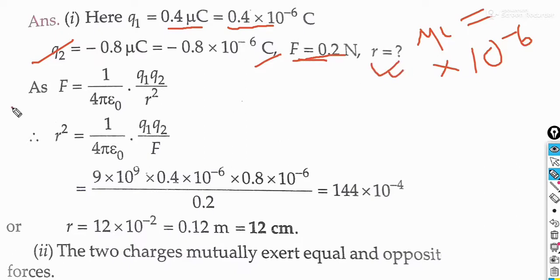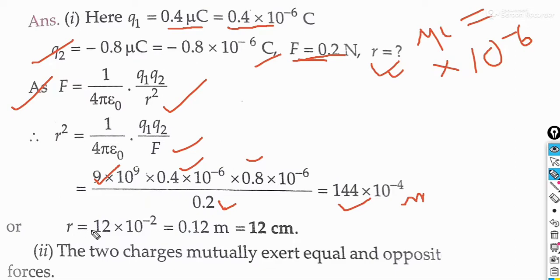According to Coulomb's law, F is equal to 1 by 4 pi epsilon naught times q1 q2 by r square. Making r square the subject, it will be 1 by 4 pi epsilon naught times q1 q2 upon F. Putting the values of 1 by 4 pi epsilon naught, q1, q2 and the force, we find r square to be 144 into 10 to the power minus 4 meters square.